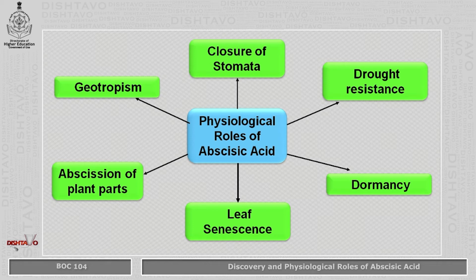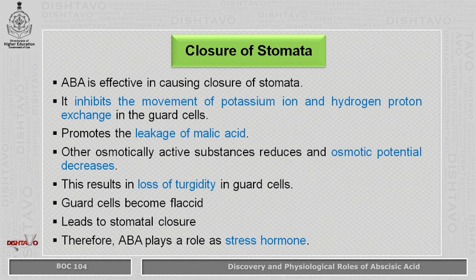As you can see in this slide, the different physiological roles of abscisic acid are closure of stomata, drought resistance, dormancy, leaf senescence, abscission of plant parts and geotropism. Closure of stomata. Abscisic acid is effective in causing closure of stomata. It inhibits the movement of potassium ion and hydrogen proton exchange in the guard cells.